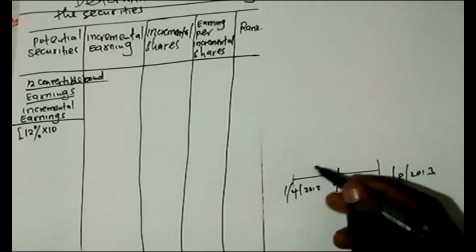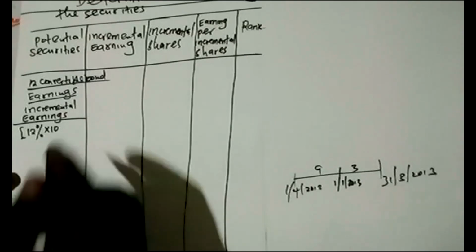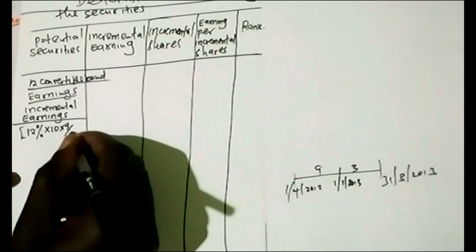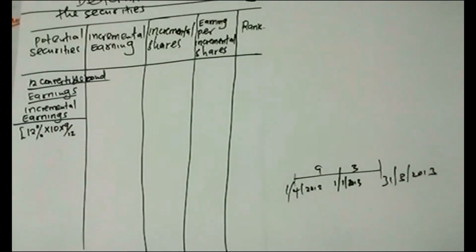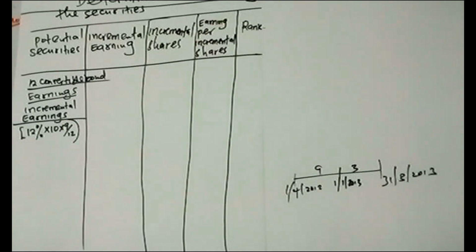Which means that these are 9 months, these are 3. So up to the time of conversion, this one is times 9 over 12.